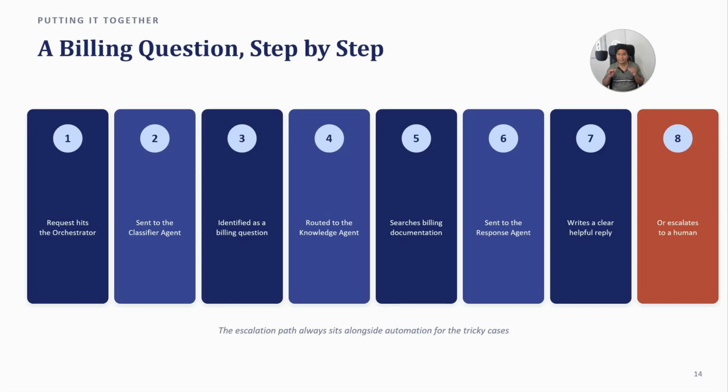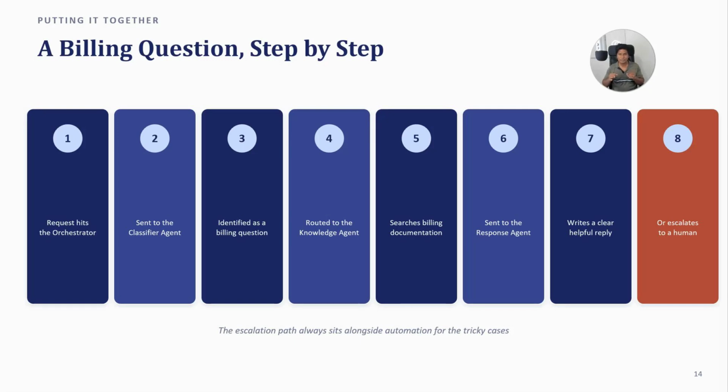Okay, now let us walk through a full example step by step. A customer sends a message asking about a billing issue. Step 1. The request hits the orchestrator. Step 2. The orchestrator sends it to the classifier agent. Step 3. The classifier agent identifies this as a billing question. Step 4. The orchestrator routes it to the knowledge agent. Step 5. The knowledge agent searches billing documentation for relevant answers.